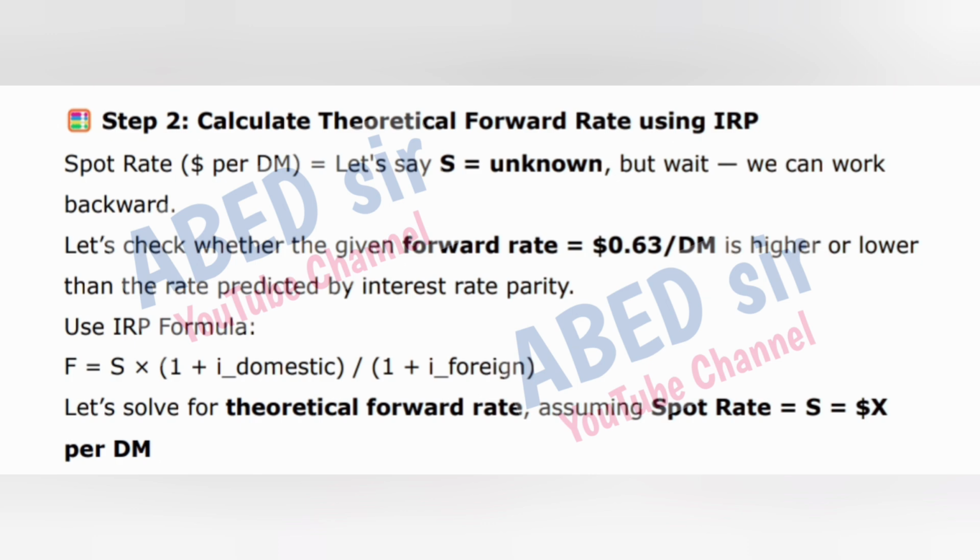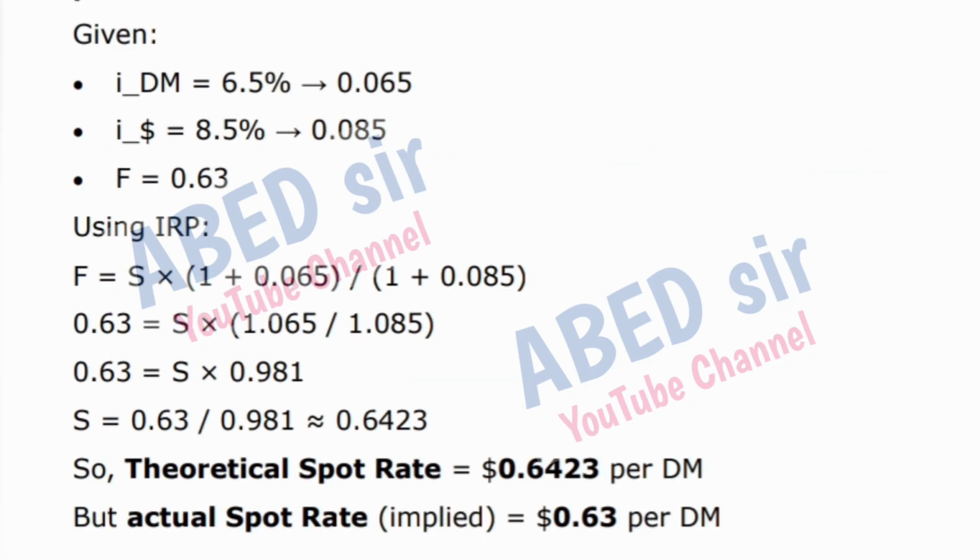F is equal to S times 1 plus I domestic, divided by 1 plus I foreign. Let's solve assuming spot rate S is $X per DM. Given I DM is equal to 6.5%, 0.065. I dollar is equal to 8.5%, 0.085. F is equal to 0.63.